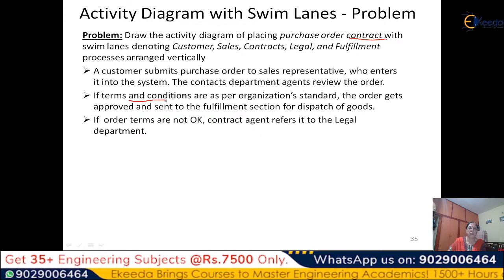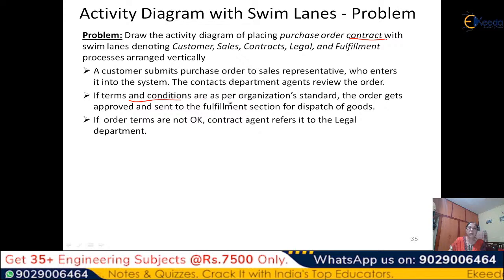of the order. Think of it that you are getting a contract for the development of a software. So you have placed a purchase order to the customer. Now the customer's agent in the contract department has taken it. They are looking at the terms and conditions that you have given, and their organization has got some standard, so they will compare it.